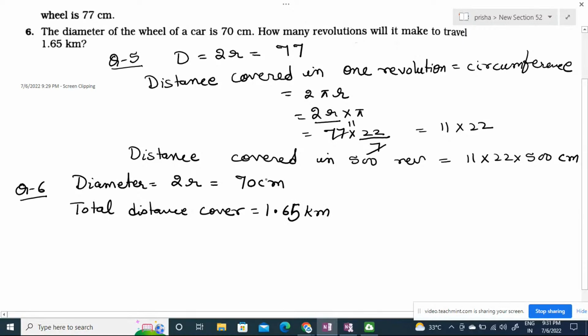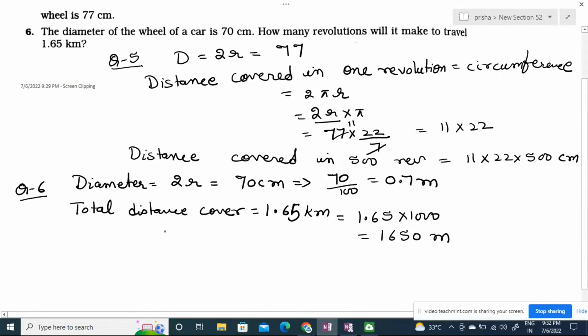Now we have to convert into the same units. For example, if we convert 70 centimeter into meters, we get 70 over 100, which is equal to 0.7 meter. And here we have to convert it into meter by simply multiplying by 1000. So we get 1650 meters.